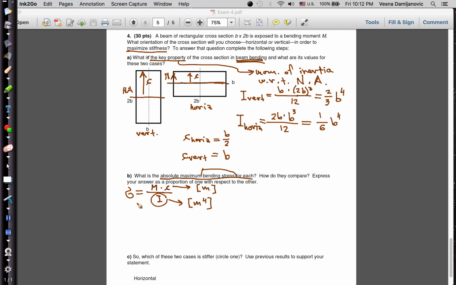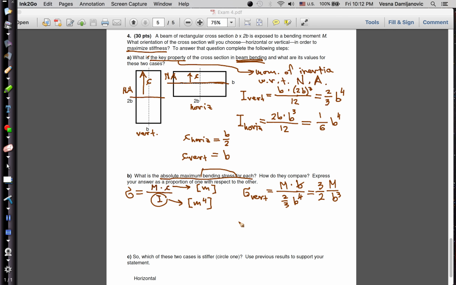And so we look at the stress. Let's compare the stresses. I'm writing sigma vertical is equal to, M is the same for both, right? Times c for the vertical, which is b, divided by I for vertical, which is 2/3 b to the fourth. The b gets canceled, and so it's 3 over 2 m over b to the third.